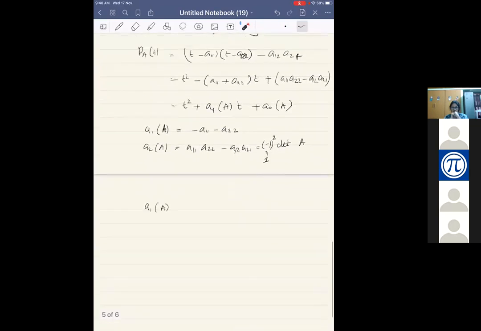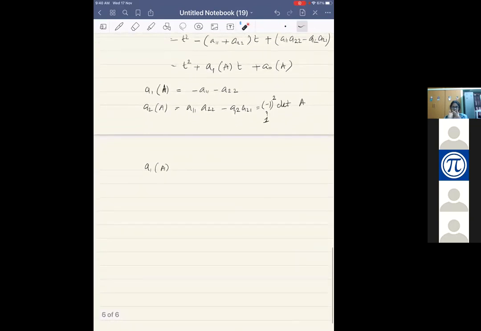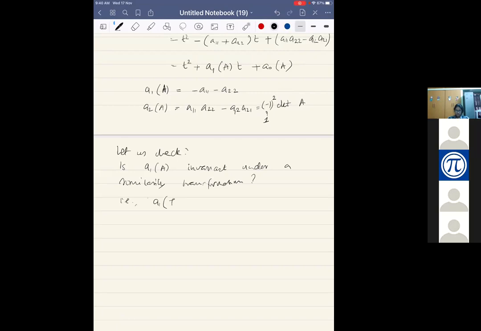So let us see, is a1(A) invariant under similarity transformation? In this example, I claim that this is true. Let us check: is a1(T A T inverse) equal to a1(A)?